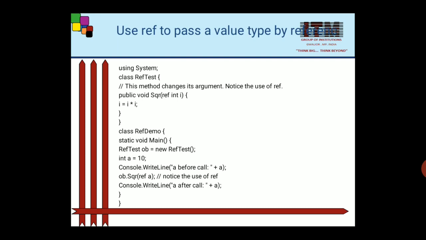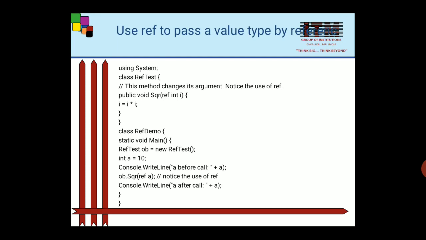Let's start with some basic simple examples, like the program that creates a method called sqr that returns in place the squares of its integer arguments. Just note the use and the placement of the ref. This is the basic example.